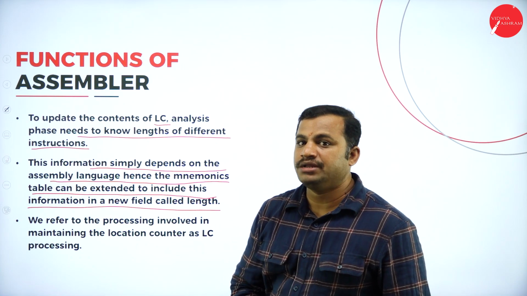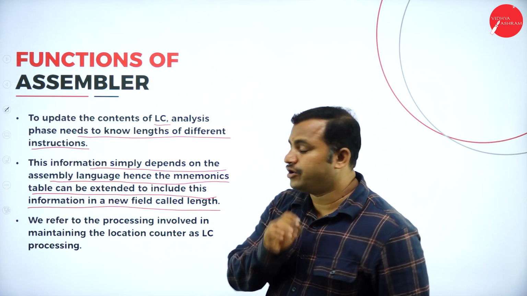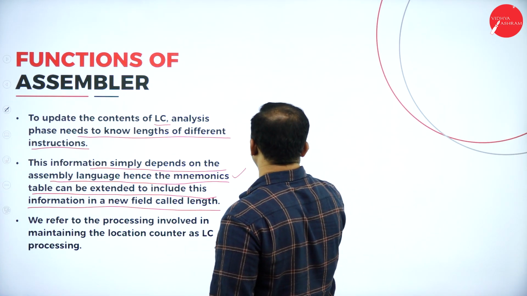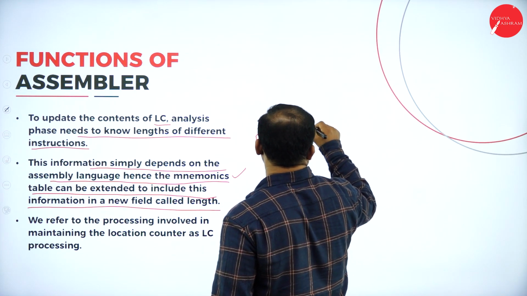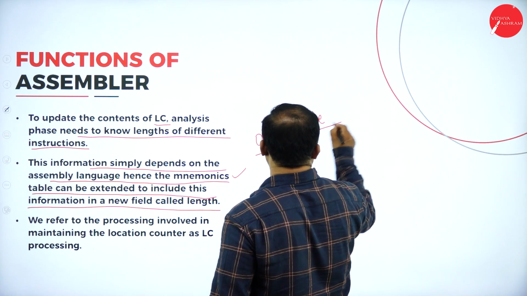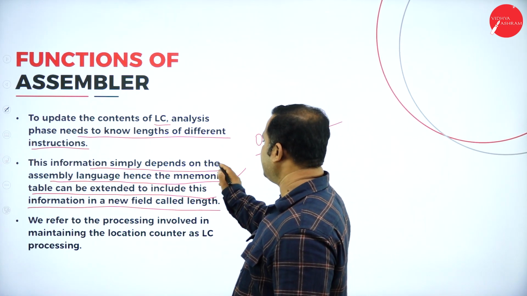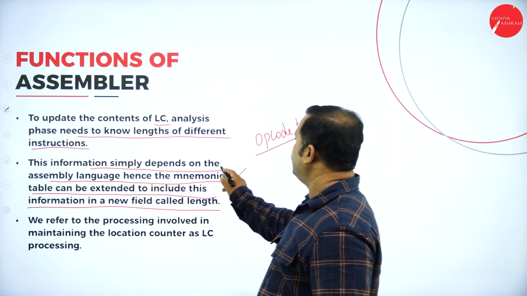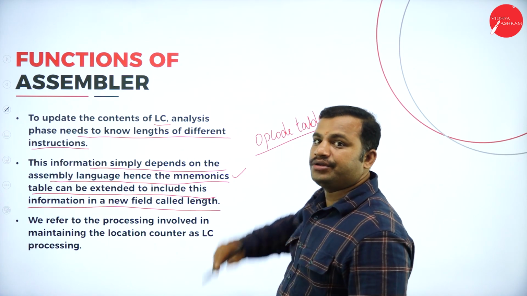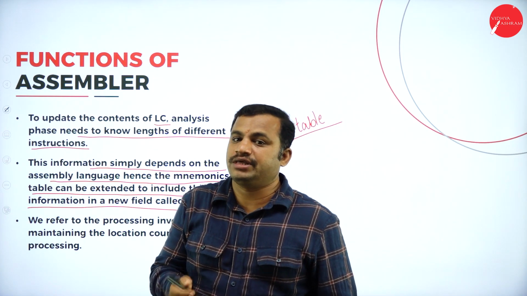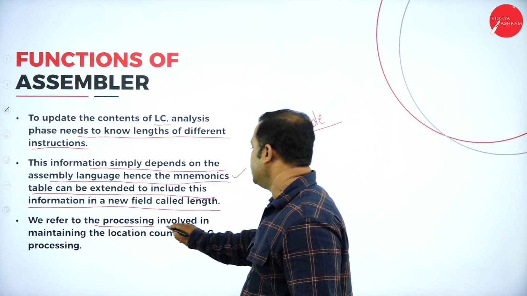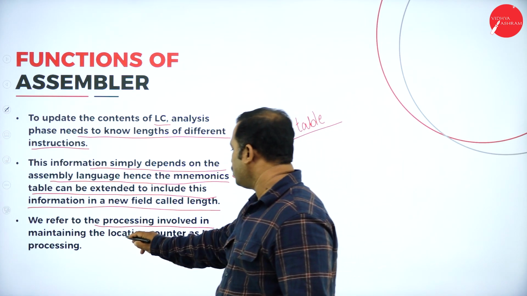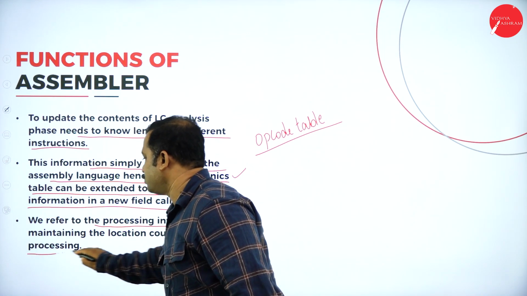When we come across the mnemonics, in the case of opcodes, again, the opcode table is a data structure that contains the information which needs to be extended during the phase of analysis, that is, during pass 1. We refer to the processing involved in maintaining the location counter as LC processing.